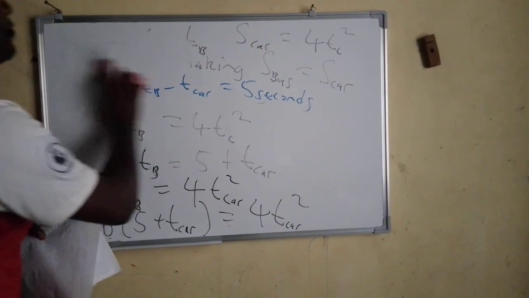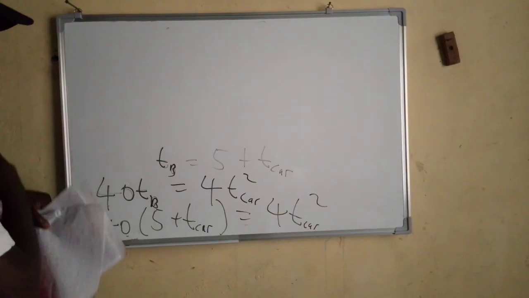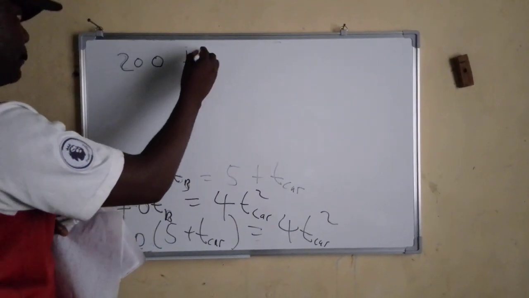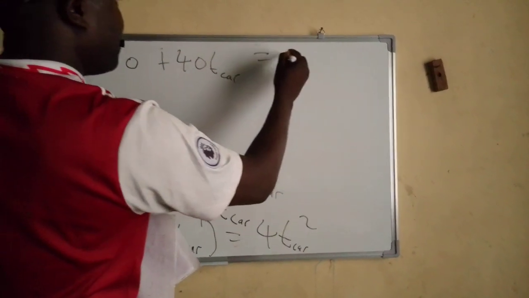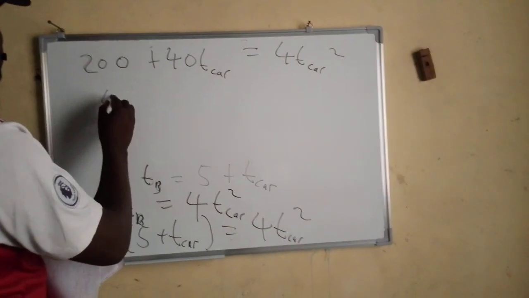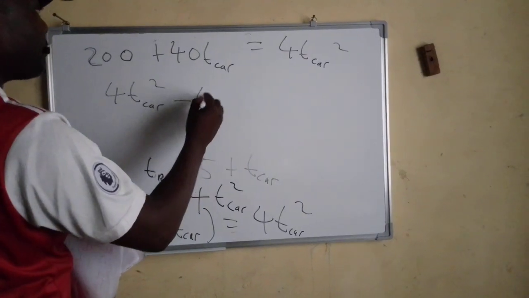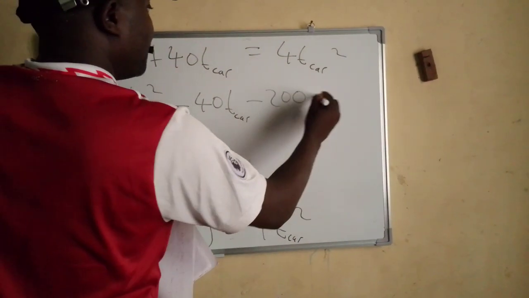So we have an equation like this: 200 plus 40t is equal to 4t squared. So we reduce this to a quadratic equation in terms of t, which will be 4t squared minus 40t minus 200 is equal to 0.